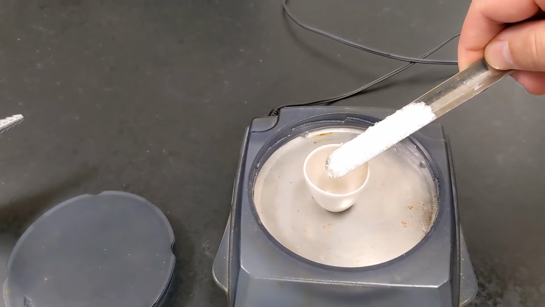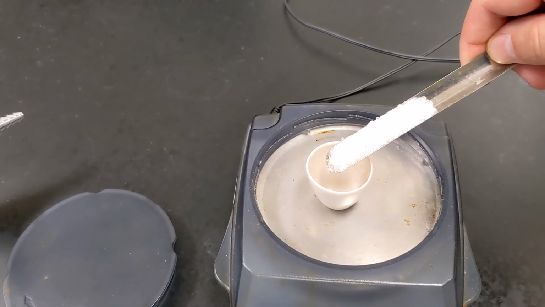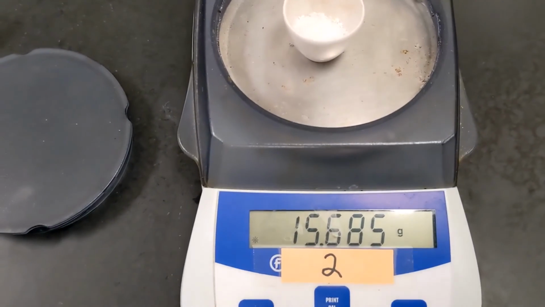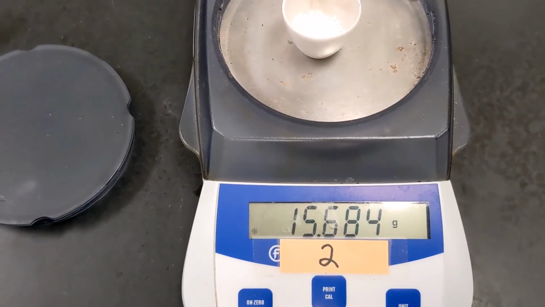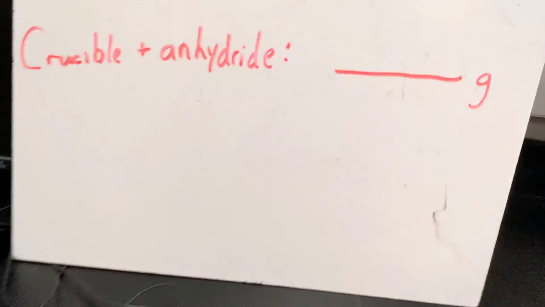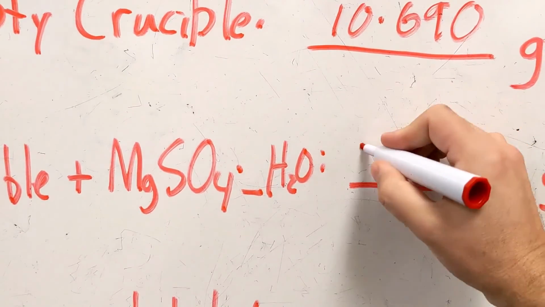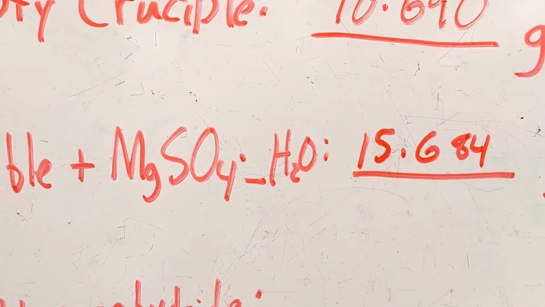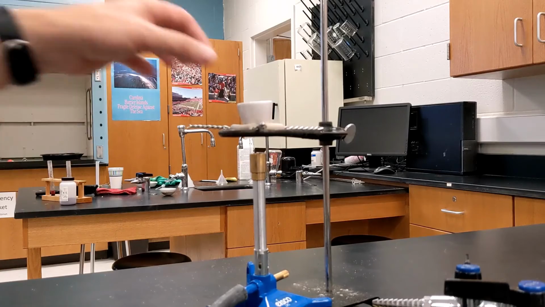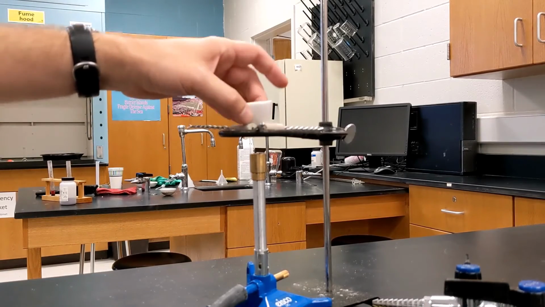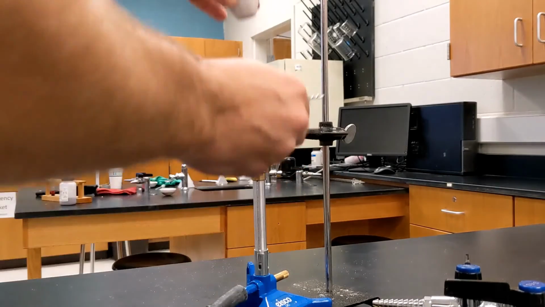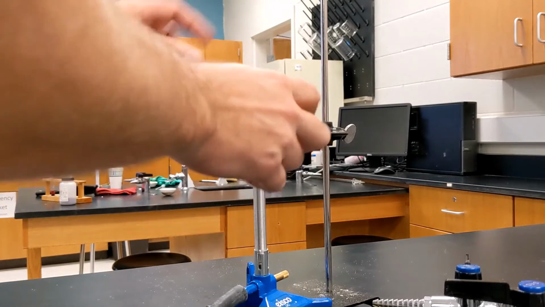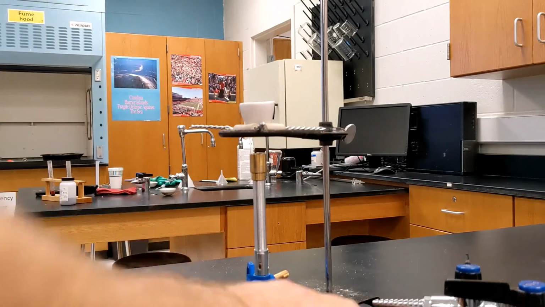I'll now add some magnesium sulfate to the crucible. And the crucible now weighs 15.684 grams. I've placed this crucible with the magnesium sulfate onto this clay triangle, which I'm supporting using a ring stand over the Bunsen burner.